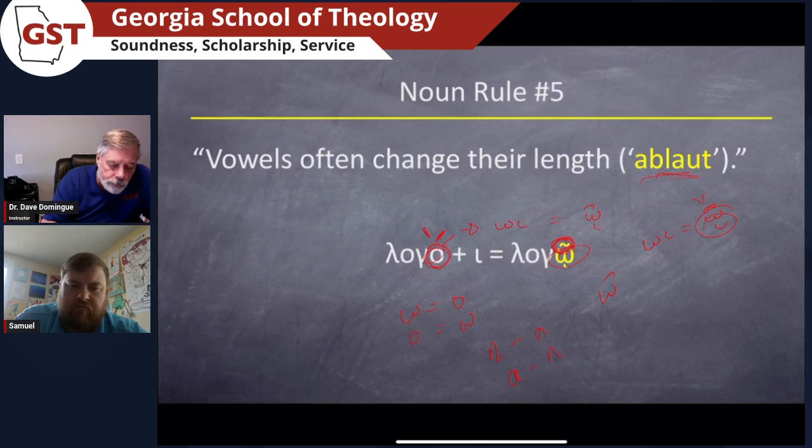So now rule 5: vowels often change their length, shorten or lengthen. And you'll see that more as you go. It helps to know that because you'll see some words and think, wait a minute, that spelling's off. I don't get this. Well, sometimes it's because there's an ablaut, a lengthening of the vowel before it. Okay.